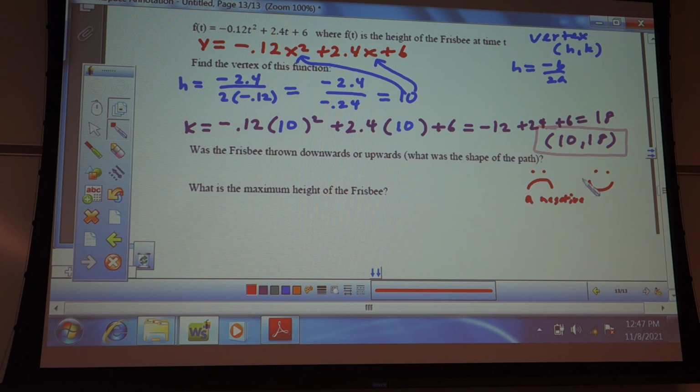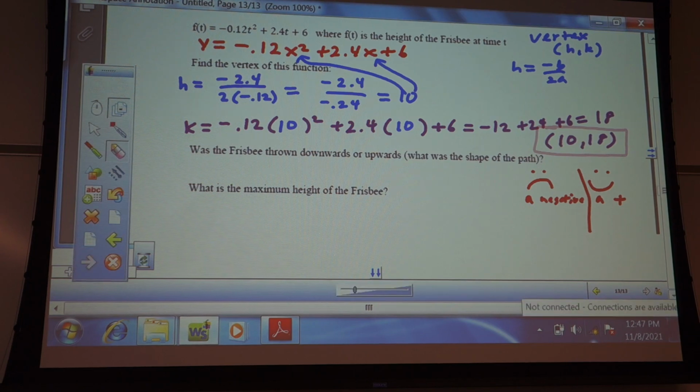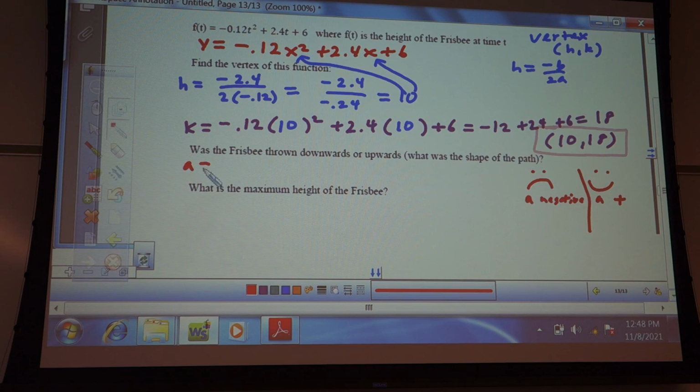And over here, A is positive. Right? So is your A negative or positive? Someone take a look, find your A. Figure out what A is. A equals, write down what A equals.